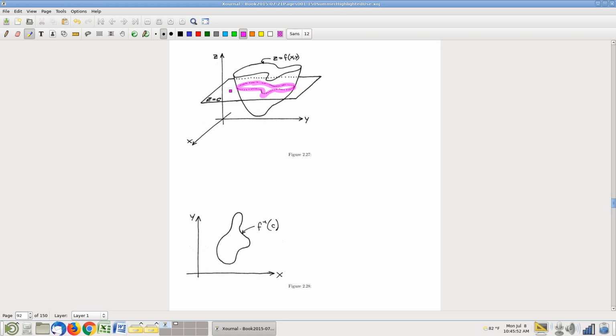So technically, the cross section of the graph is not exactly the same as the level set. The level set lives in R2. The cross section of the graph lives in R3. But when I say that they're the same, what I mean is if you take that cross section and then throw away the z coordinate, just erase the z coordinate, then in fact you do get the level set. So, a minor little quibble, but I did feel the need to point that out.